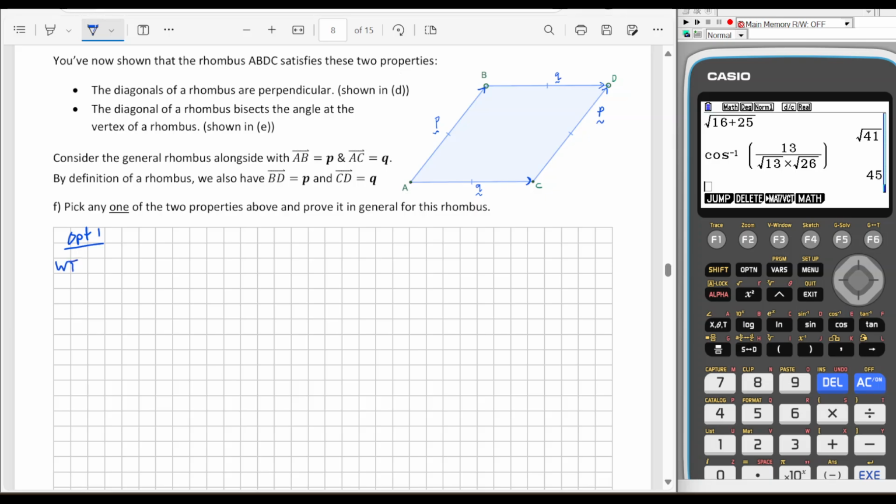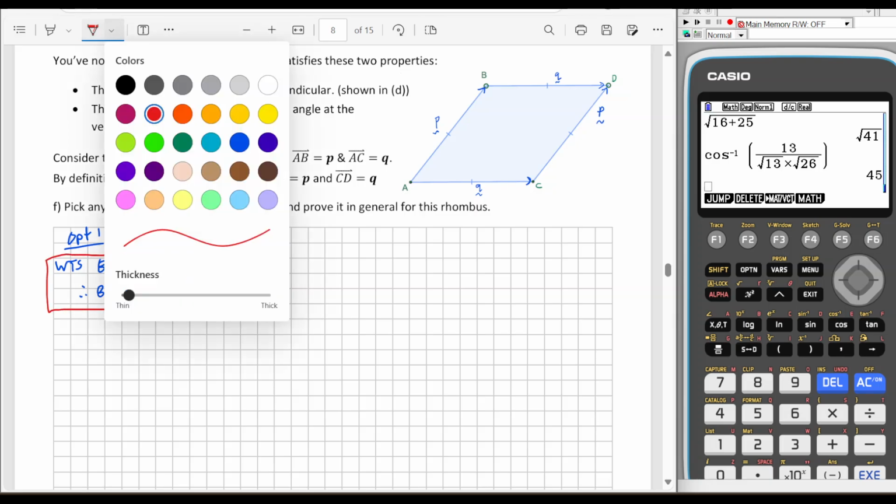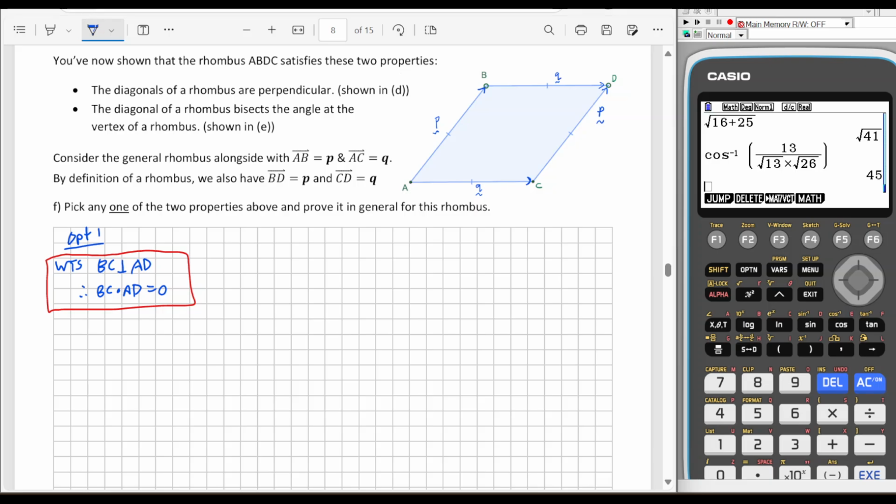We want to show that BC is perpendicular to AD. So those are the diagonals. So BC dot AD equals 0. That's our want to show. I might actually put that in red. That's what we'd like. So let's see.